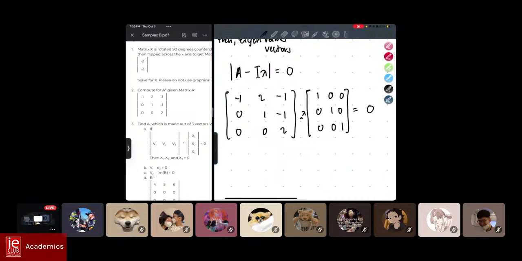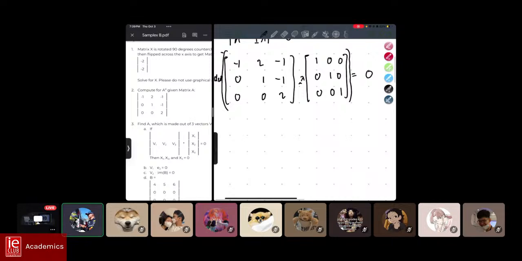Yung determinant of the whole thing is equal to 0. So now this just becomes the matrix with rows: negative 1 minus lambda, 2, negative 1; 0, 1 minus lambda, negative 1; 0, 0, 2 minus lambda. We're going to look for the determinant of this equal to 0.